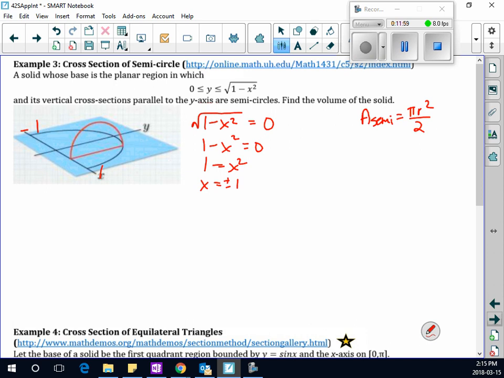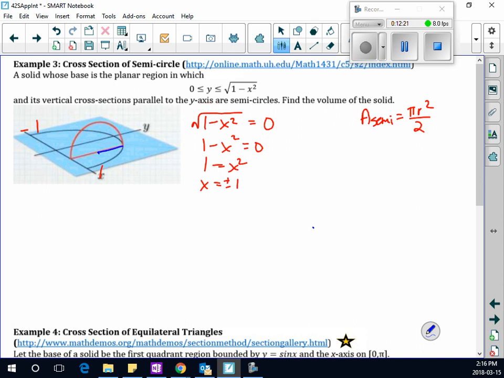So the radius would be 1 minus x squared. Remember, I'm going to use a different color here. Now, this is the tricky part. Here's your circle. Does everybody see the radius is actually from here to here?